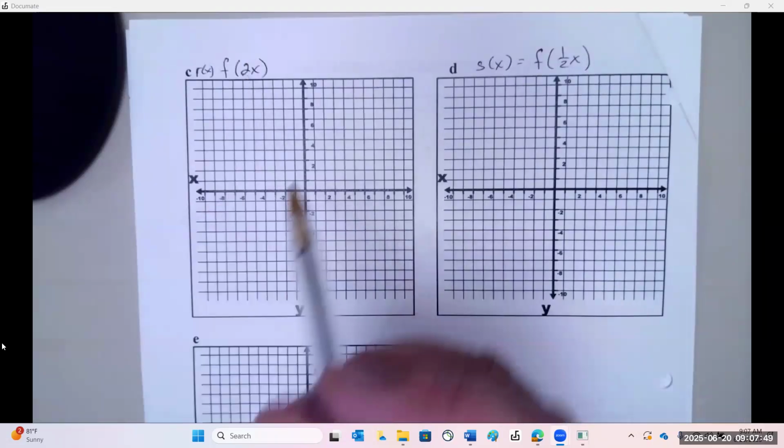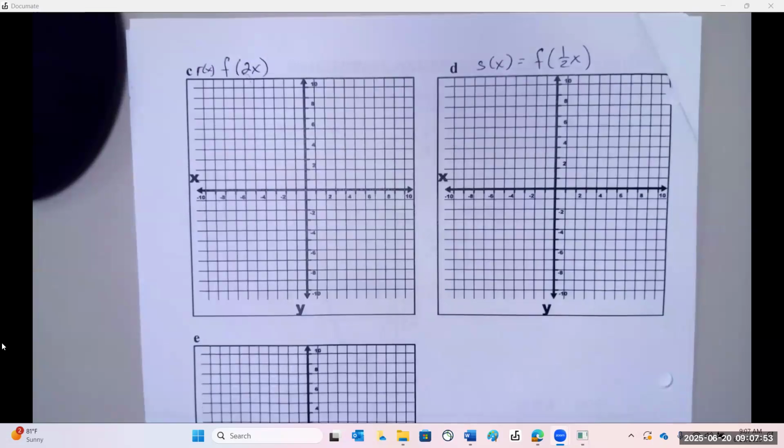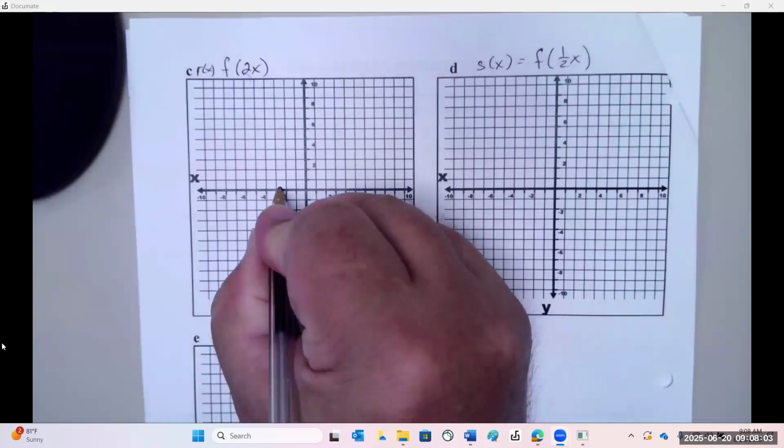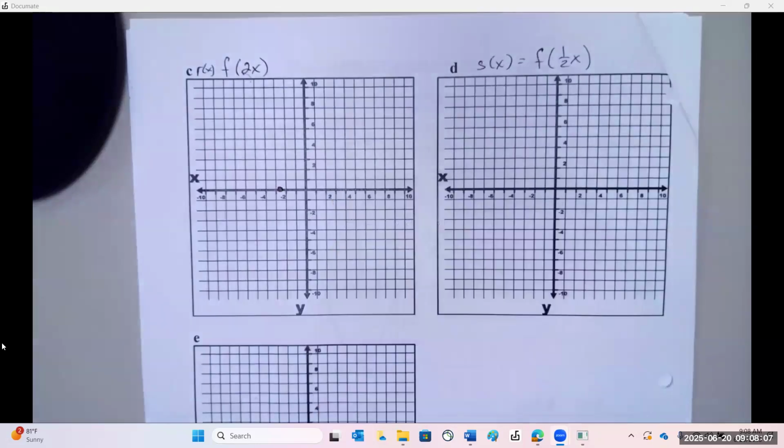Divided by 2. The original x value was negative 5. So what is it now? Negative 2.5. And it stays at 0 because the y value doesn't change.